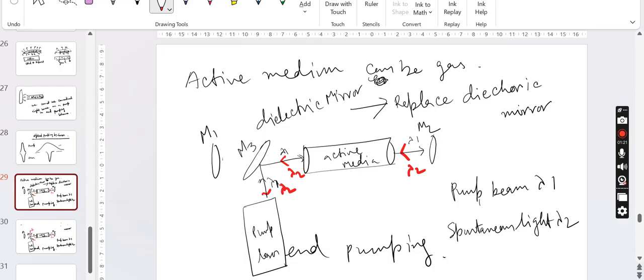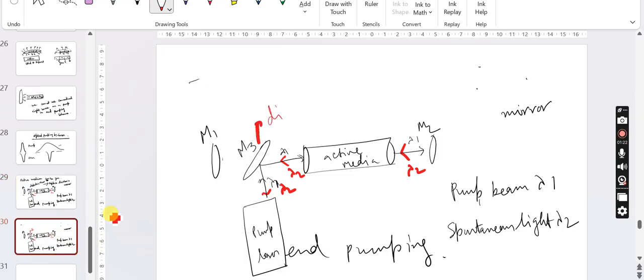Then that will cause the cavity formation to fail, and it is not reaching the active medium, not reaching mirror M1 to transmit out of the laser cavity. So we are not getting any output.